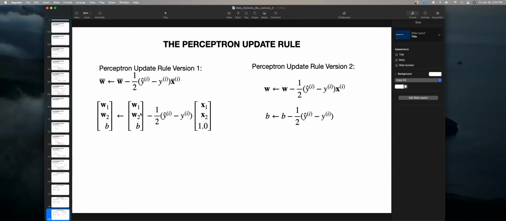The weight minus this term times x. So that's what this is right here. And then the bias is just bias minus this term times 1. So this is 1 right there. So this is the weight update rule, and this is the bias update rule, if you wanted to do those one at a time. Otherwise, you could just use the bar notation. So you can avoid the bar notation or use the bar notation now. So it won't be any difference.